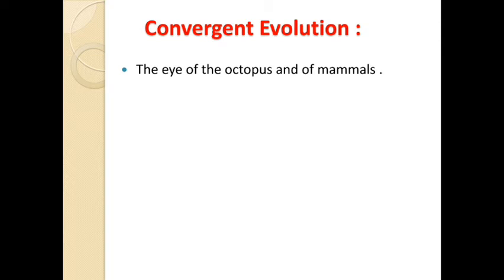The octopus is a mollusk, so it falls under the phylum Mollusca, whereas mammals fall under vertebrata. Both of them have eyes, but their structures of eye are different, but they are meant for vision purpose, for looking at things. So we may say that their function is the same, but their structures are different.